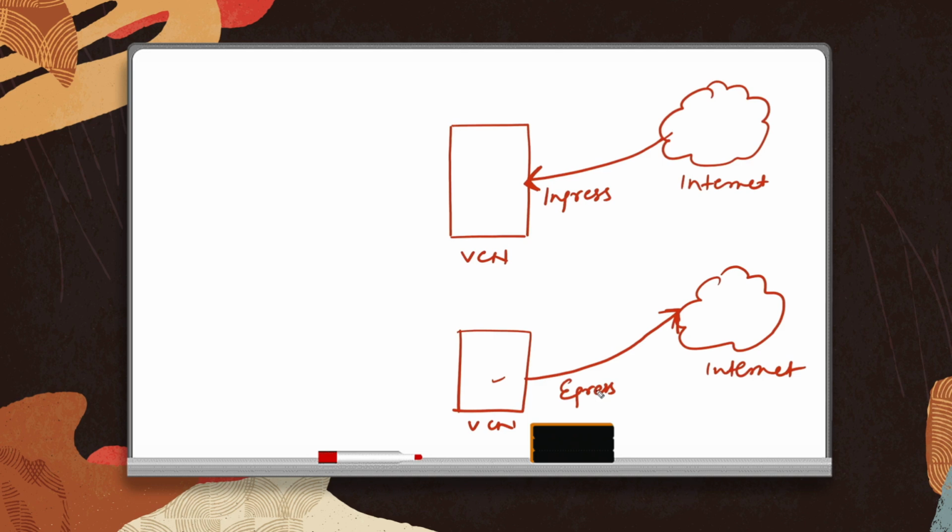The intention where I created these two diagrams is to illustrate the fact that an internet gateway supports both these configurations. It supports ingress as well as egress traffic.